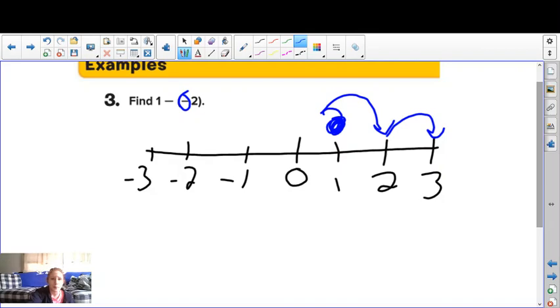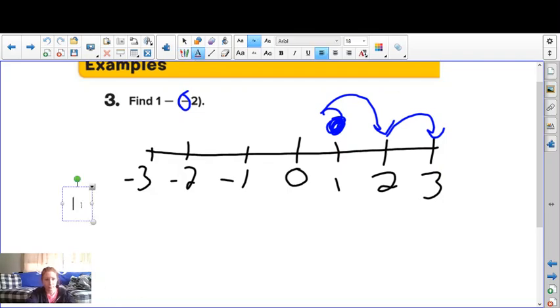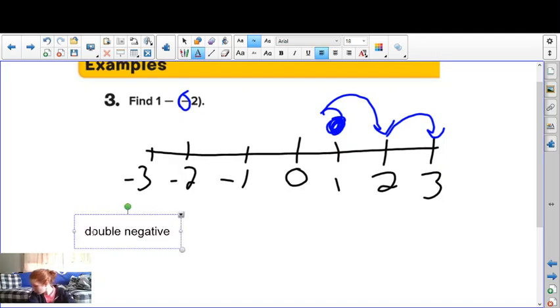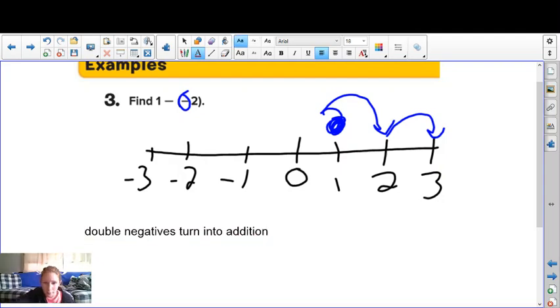So these problems, when you have a negative negative, or what's called a double negative, double negatives turn into addition all the time, as long as they're right next to each other.